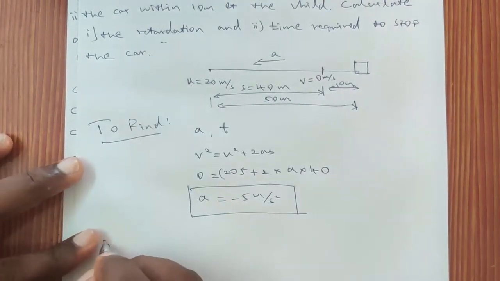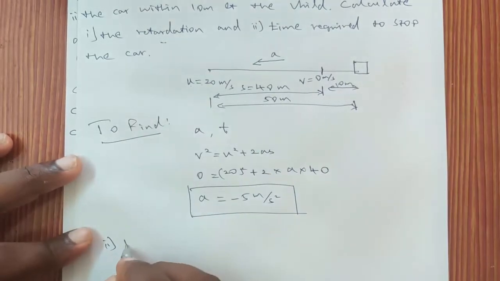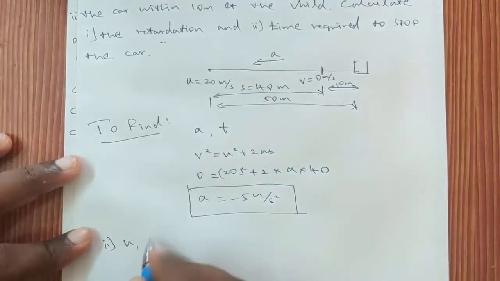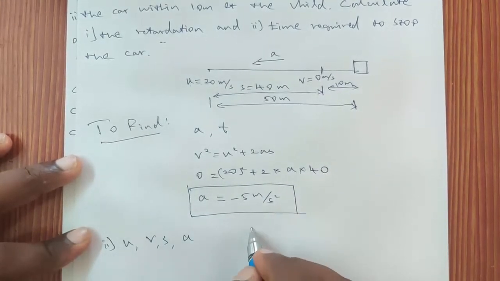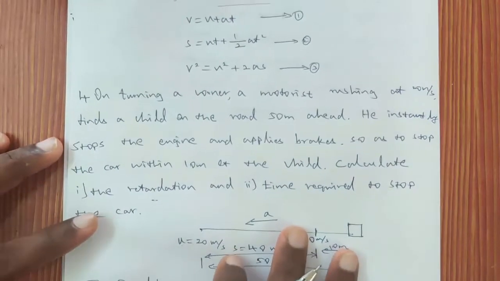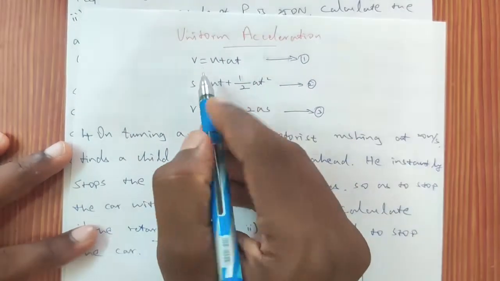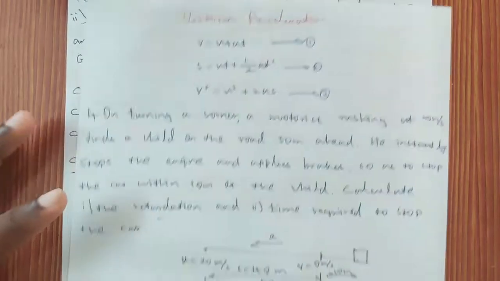Then the second one, it is time taken. Now we have u, v, s and a, and we have to calculate the value of t. So go to the equations. From the first equation we have u, v and a, so we can find out the value of t.